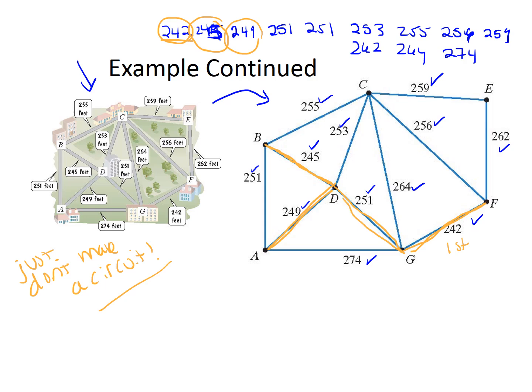251, yep, that's fine too. 251, I don't want this 251, right? Because this one makes a circuit. It would make a circuit between B, A and D, right? It would look like this. But we don't want that.